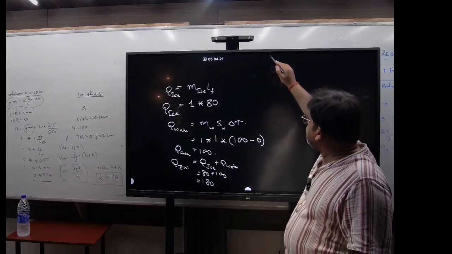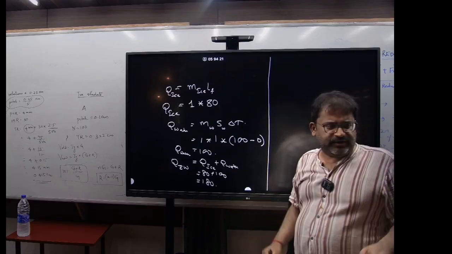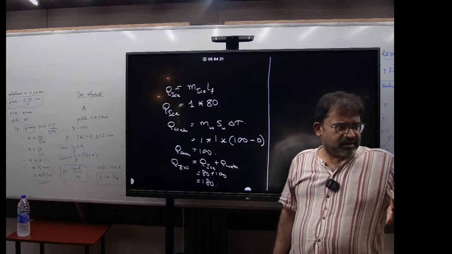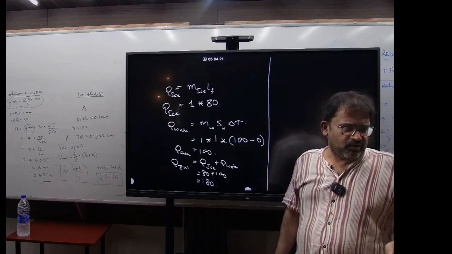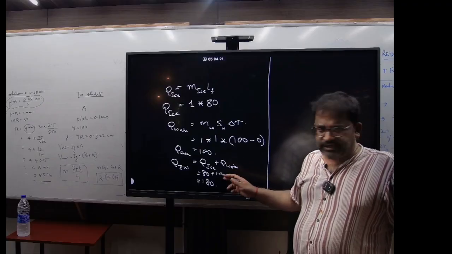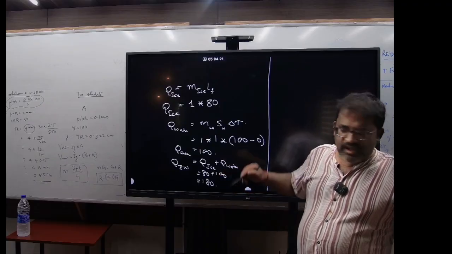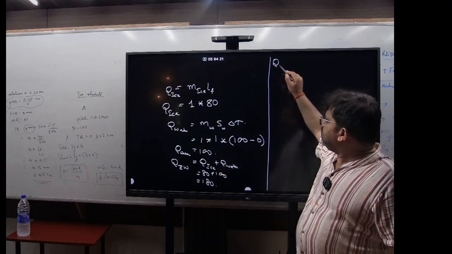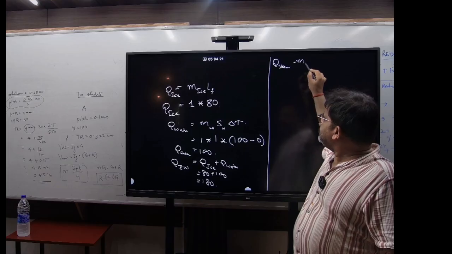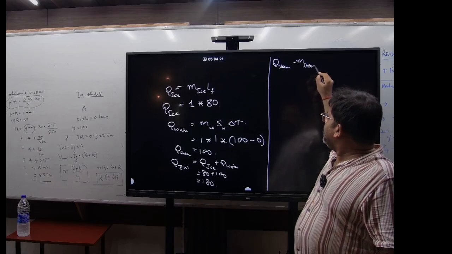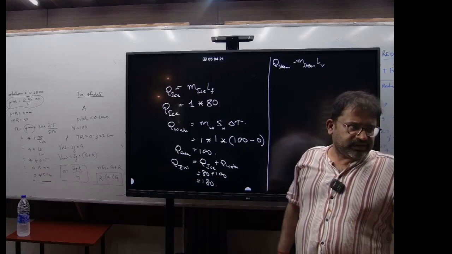Now let us find out what is the heat supplied or heat absorbed or heat given out, whatever the case is, by steam. That is given by Q steam equal to mass of steam into LV. What is that LV called as?